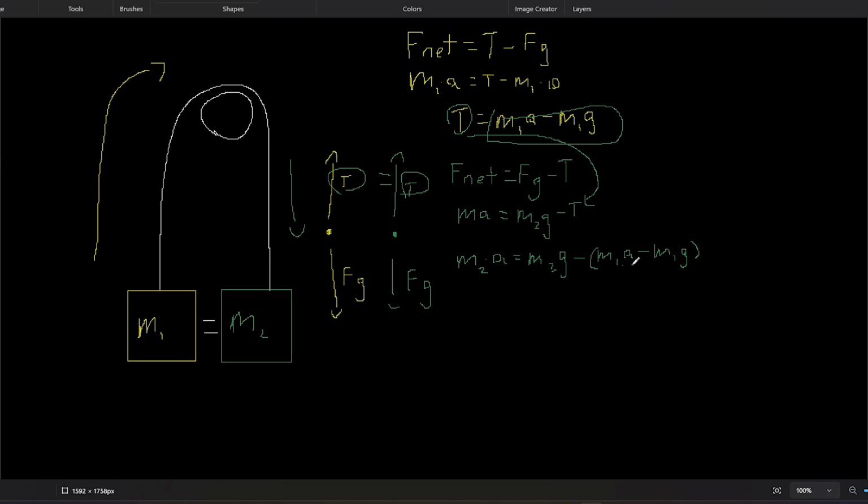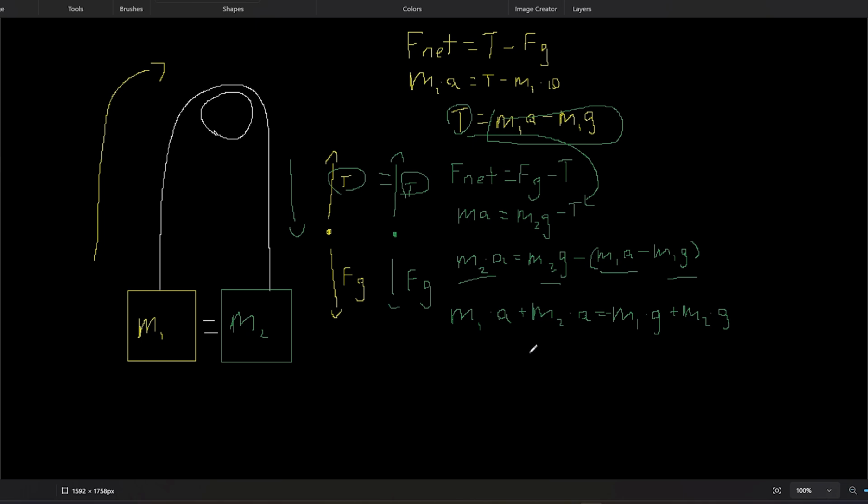And then let's get all of our accelerations on one side and all of our gravity on this side. So we just have to move this one to the other side. So we'll get M1 times acceleration plus M2 times acceleration is equal to negative M1 times gravity plus M2 times gravity.